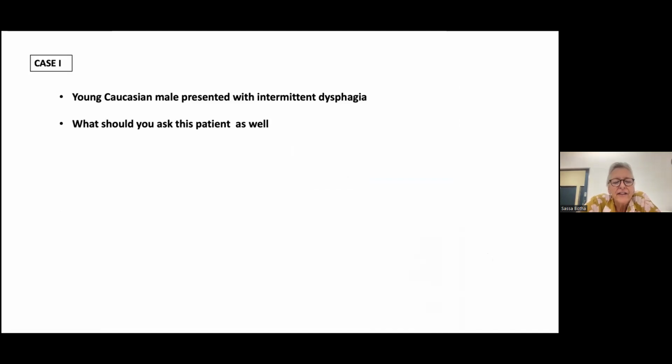Okay, so the first case I want to present to you is a young Caucasian male that presented with intermittent dysphagia. What should you be asking this patient as well? He's young, he's male. First I'd like to decide whether he's got esophageal or oropharyngeal dysphagia from the history.